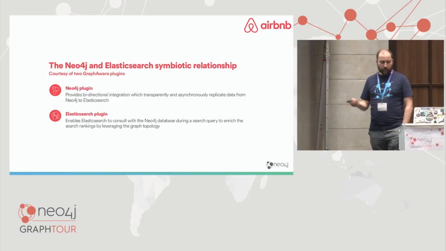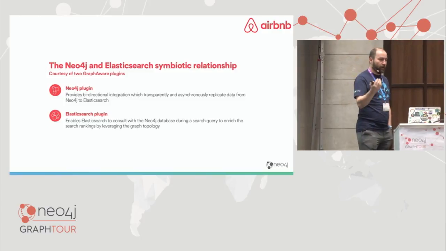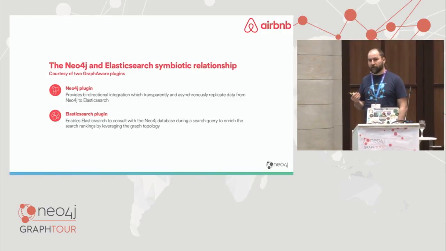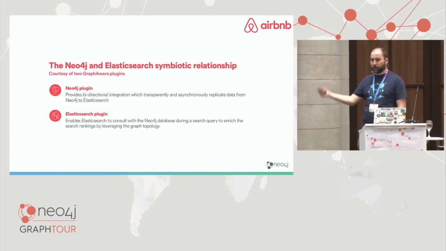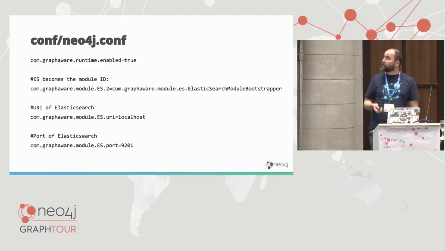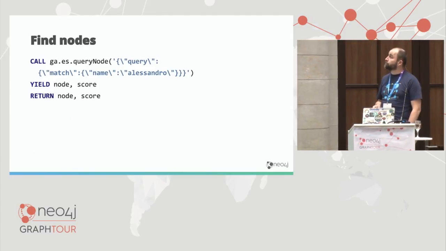And this goes both ways. So you can also enhance Elasticsearch, for instance its scoring and boost plugins, by taking information from the graph into account while returning results. So basically, as I said, you set some configuration, deploy the jar, and then it's ready to go.